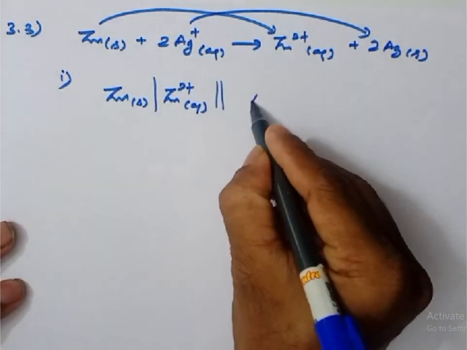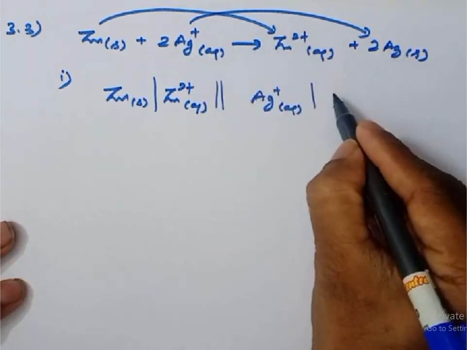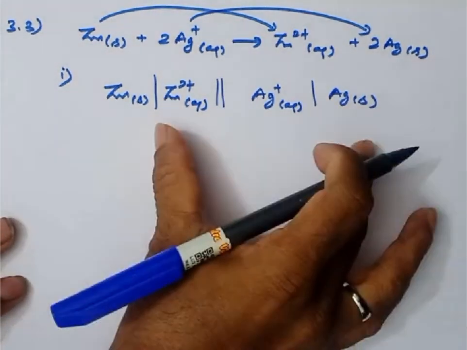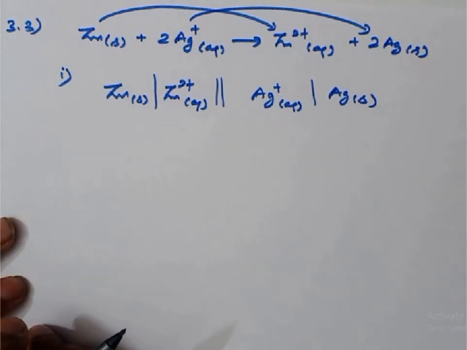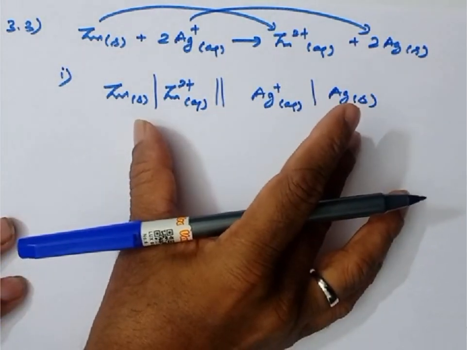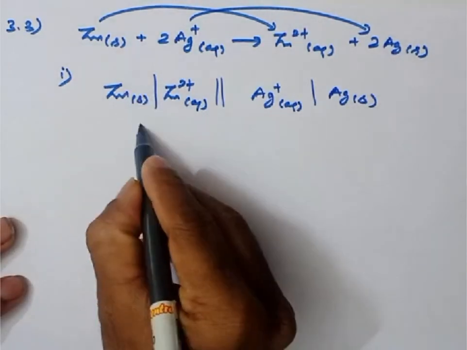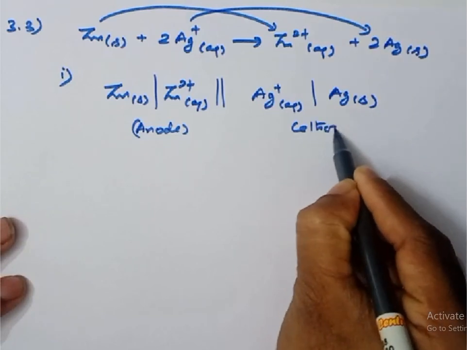So here Ag+ in aqueous medium becomes Ag solid. This is the reduction reaction, and this is the representation of the cell in which this reaction takes place. This is the anodic compartment, and this is the cathodic compartment.